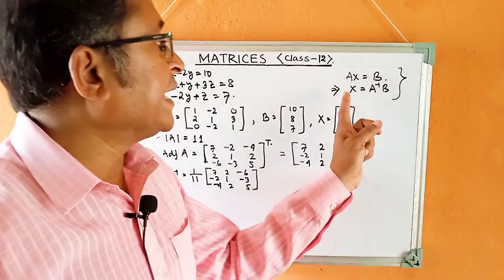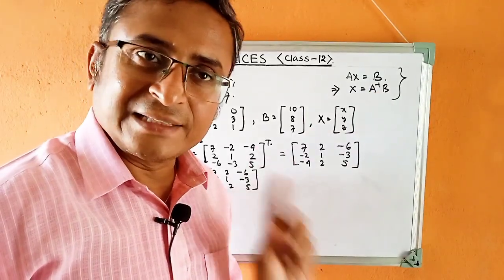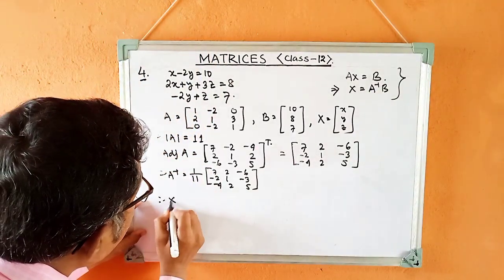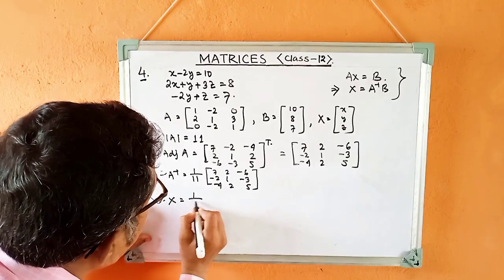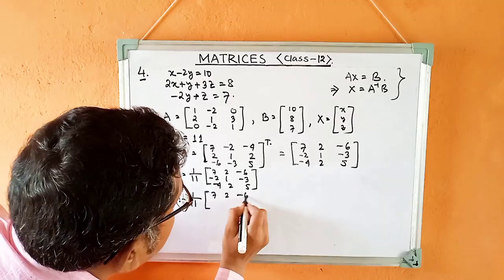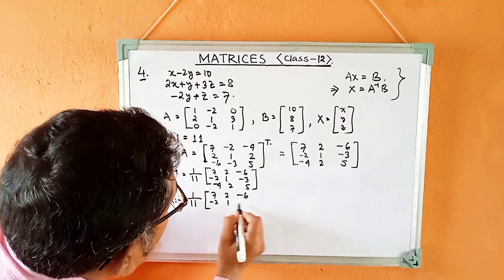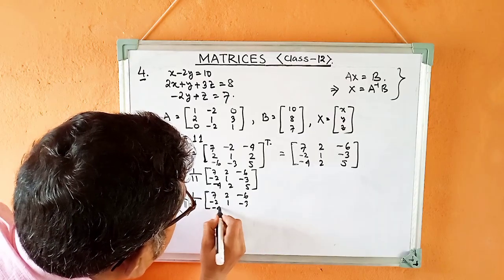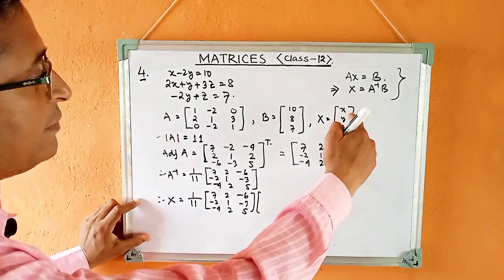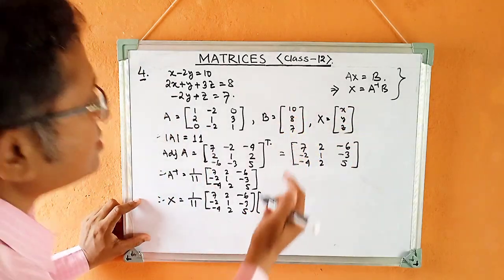Now X equal to A inverse into B, that is the formula. Therefore X is equal to 1 by 11 into adjoint, that is 7, 2, -6, -2, 1, -3, -4, 2, 5, into B. B means 10, 8, 7.